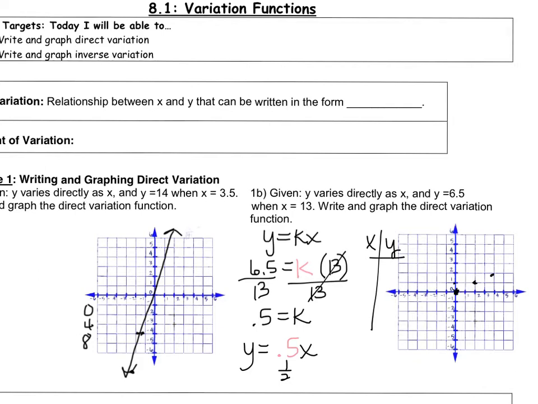Maybe we pick a bunch of numbers that you can divide by 2, so maybe -4, -2, 0, 2, and 4. You can also type the equation into the calculator and look at the table by pressing second graph. So -2, -1, 0, 1, 2, and we'd get those same points that are right on that line that we had.